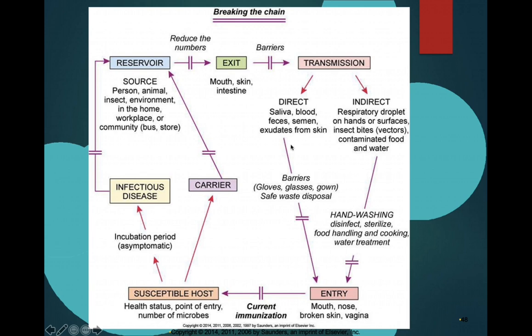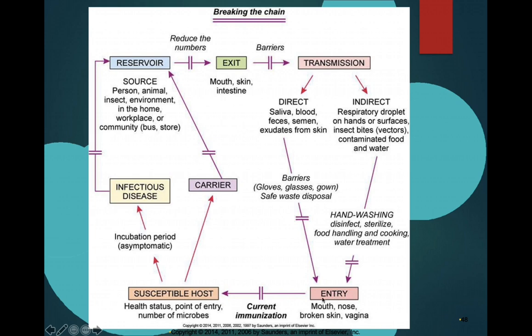Or with barriers like gloves, glasses, gowns, and the appropriate and safe removal of waste. Everywhere you see these horizontal lines, it's where you can modify or block. So how can you block the entrance into the individual, right? These mechanisms.